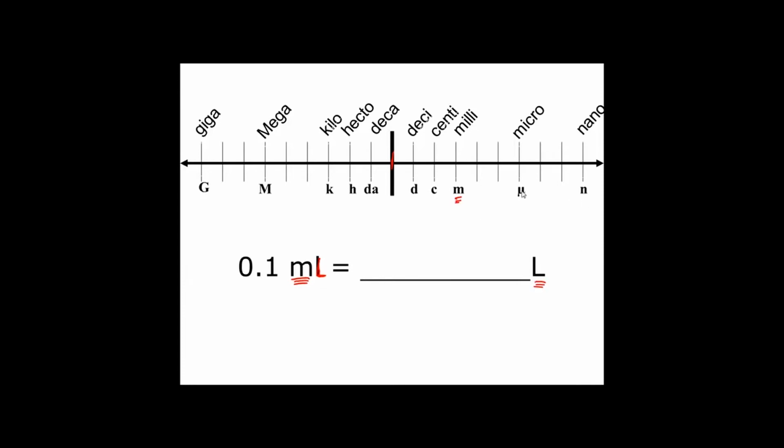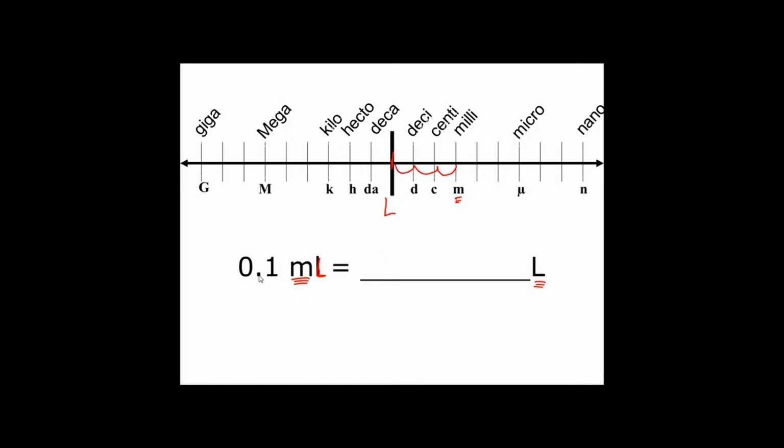Now you might say liters doesn't exist anywhere on here, and that's true. Liters is just a unit of measurement. It's called the base unit, and I'm measuring volume, and there's no prefix in front of it, so whenever there's no prefix, you're directly in the middle of the number line, what's called the base unit. And I'm going to go from millis to that point. 1, 2, 3.